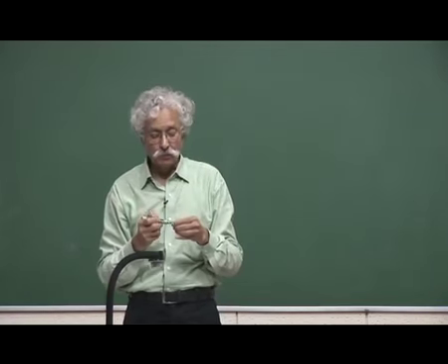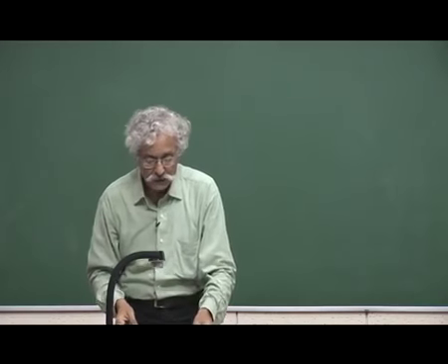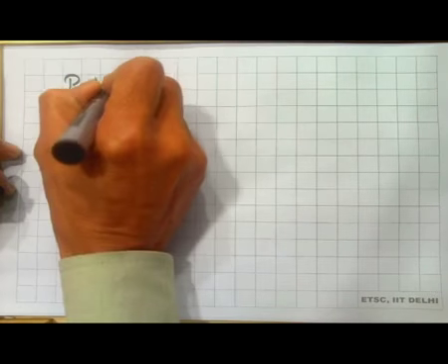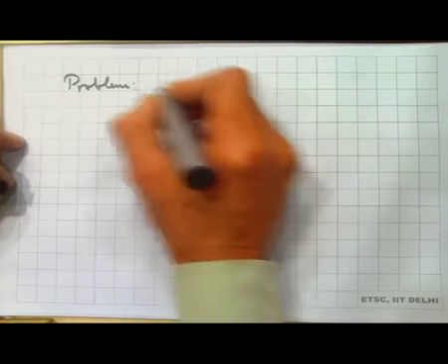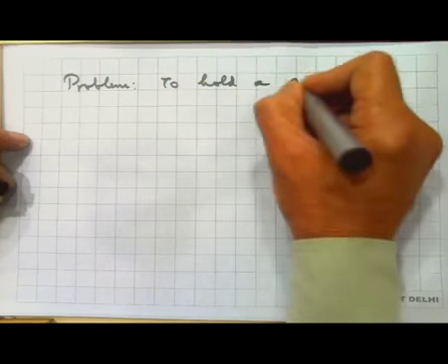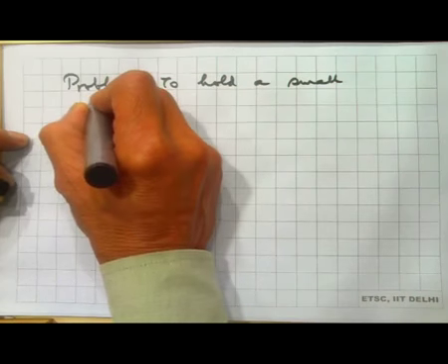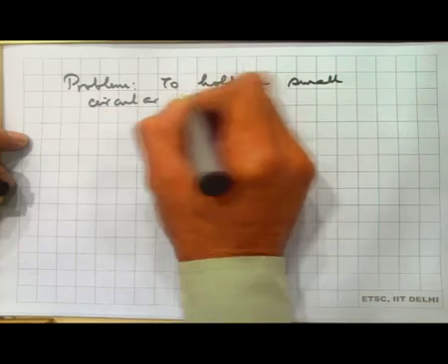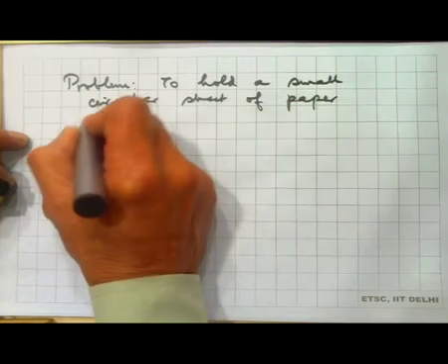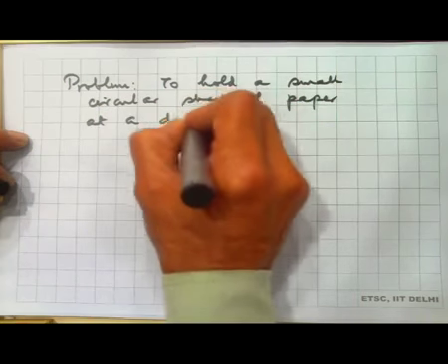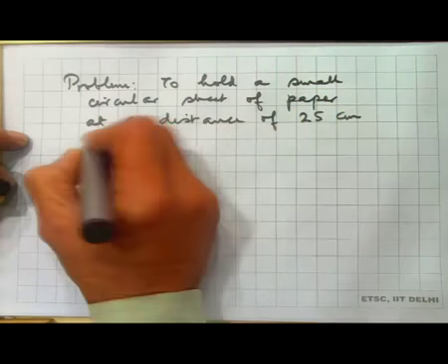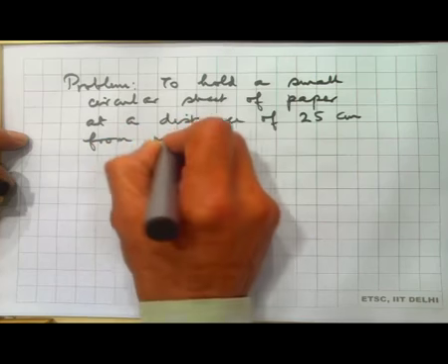Now, I leave a small problem to you. I want to hold a small circular sheet of paper at a distance of 25 centimeters from my eyes.